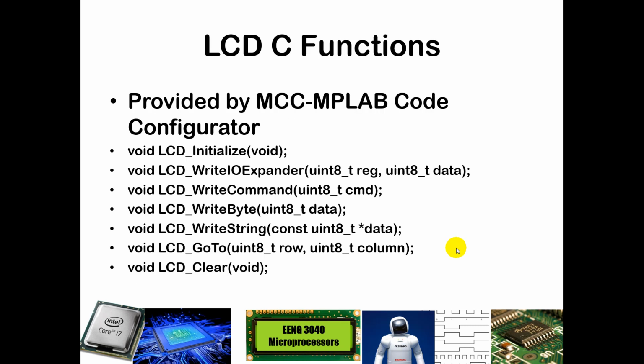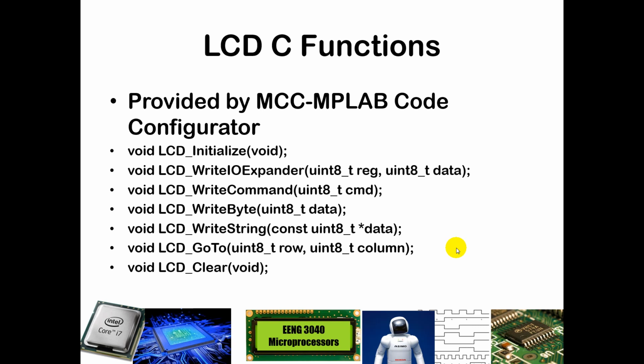The MCC, which is the MPLAB code configurator, actually knows about our LCD, knows about our external chip that is used to help write to the LCD, and you can actually automatically create functions that can be used with the LCD. These functions were actually provided in the first lab that we did this semester in LCD.H and LCD.C. And so I will, in class, explain these in more detail.